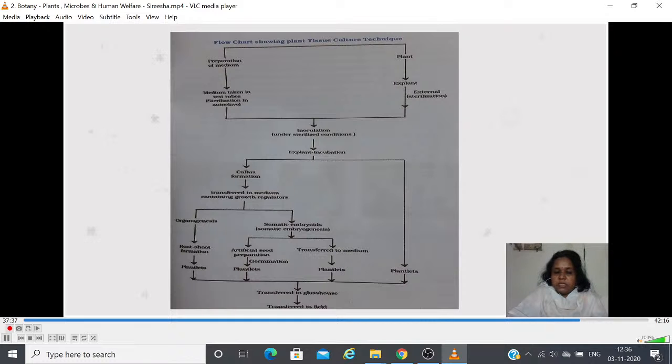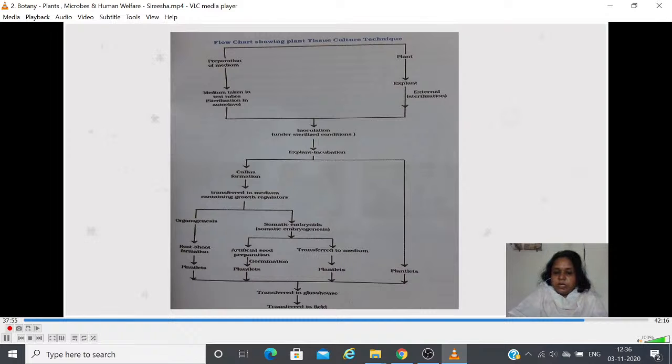And the other process is somatic embryogenesis. The embryos are collected, and these embryos are made into artificial seeds, and then plantlets are formed from these, and this is nothing but germination.